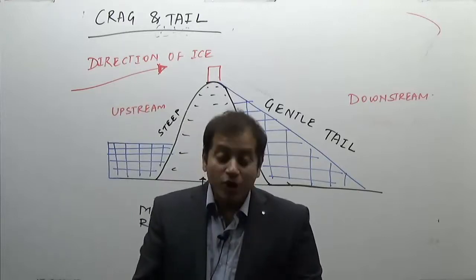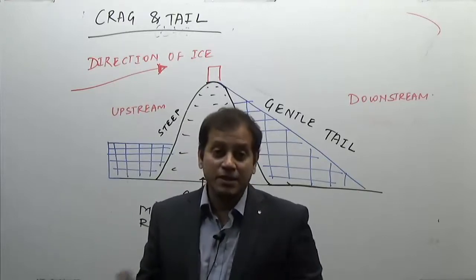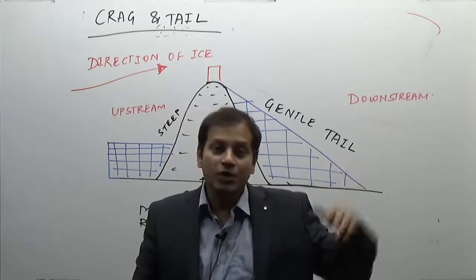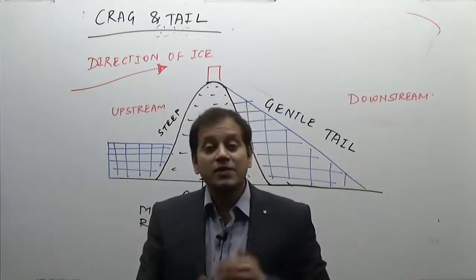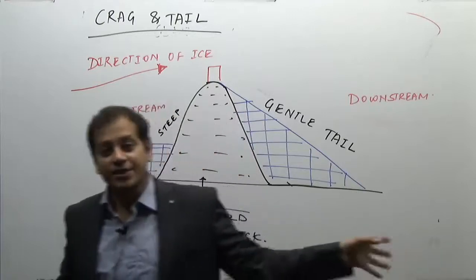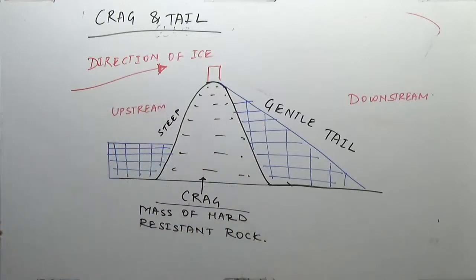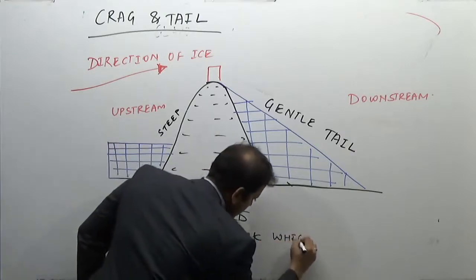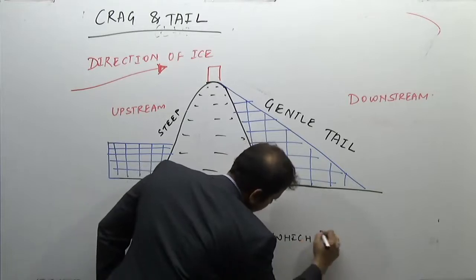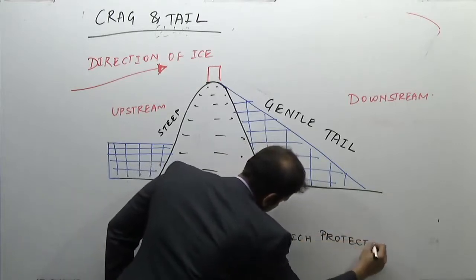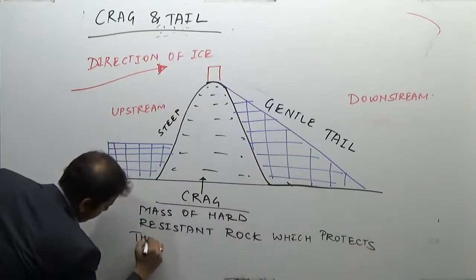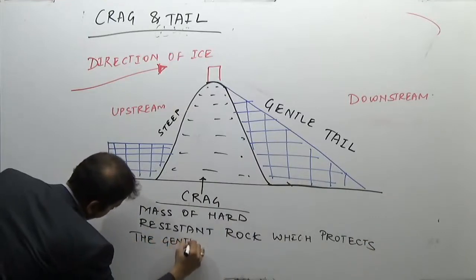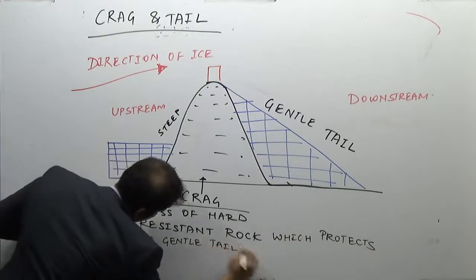Or not exactly, but our President House is also located on a kind of hill. Though it is not crag and tail topography, it would have a similar effect had India been a glaciated region. So what is crag and tail topography? Crag is a mass of hard rock which protects the gentle tail from getting eroded.